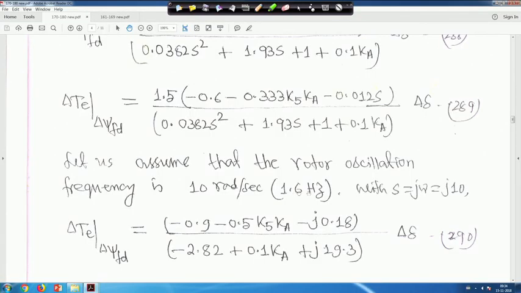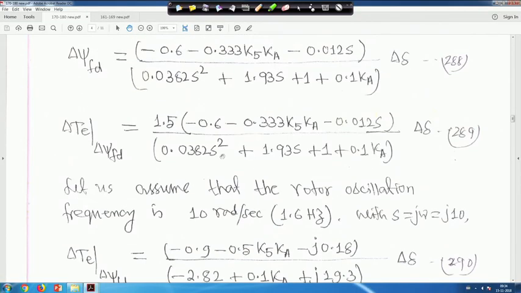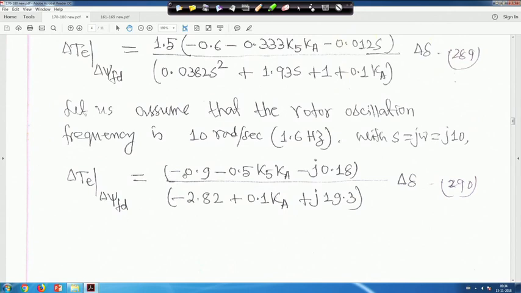So, you put S equal to j10 and simplify. If you do so, it will come out as minus 0.9 minus 0.5 K5 Ka minus 0.1 j 0.12 over minus 2.82 plus 0.1 Ka plus j 19.3.